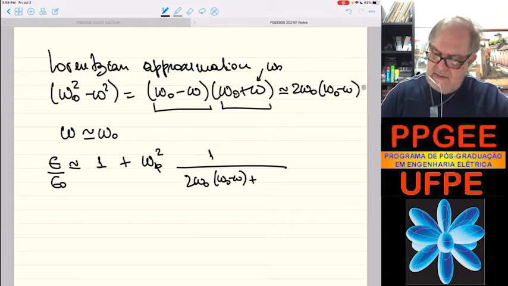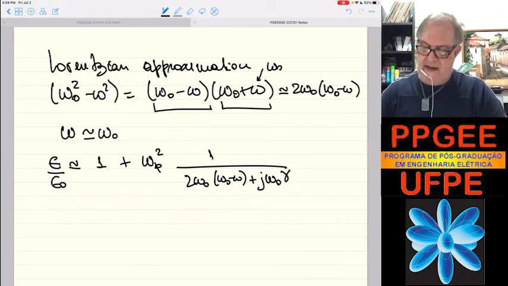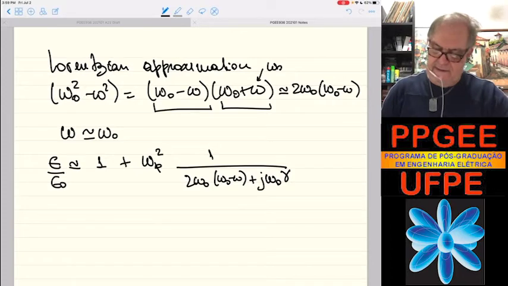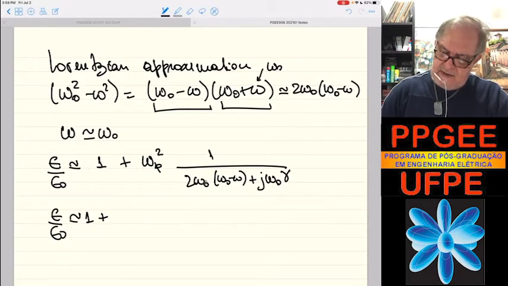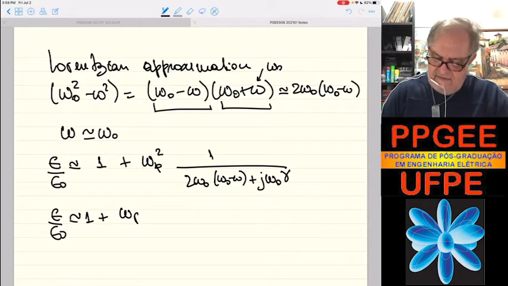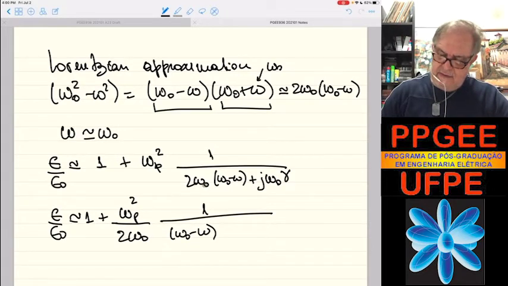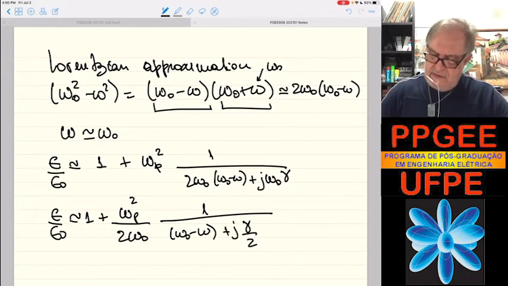And the other term is going to be j omega, which is omega 0 times gamma. Okay? And this is going to be 1 plus, then we have 2 omega 0 factored out, so I put that in as a factor here, plus j gamma over 2.